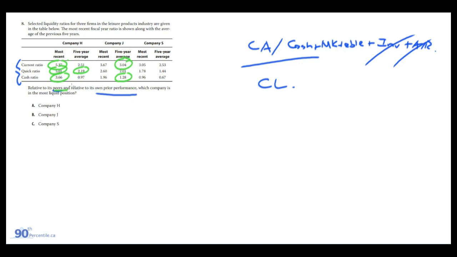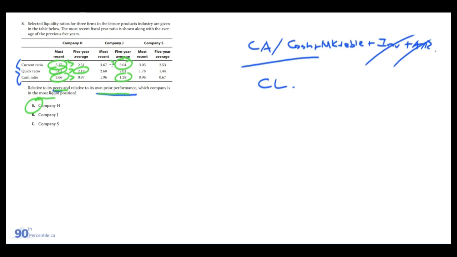So the most liquid position right now, in the most recent year, is company H, so I'm obviously going to lean towards company H. But we also have to check if it's more liquid relative to its 5-year averages, its historical position, right? So current ratio is greater now than the 5-year average. Quick ratio is greater now than the 5-year average, and the cash ratio is also greater. So company H is going to be our answer.